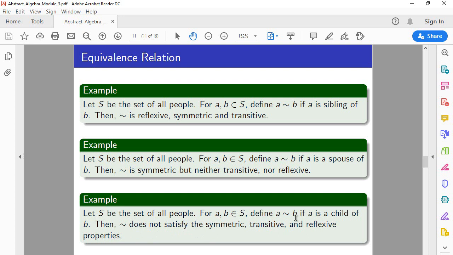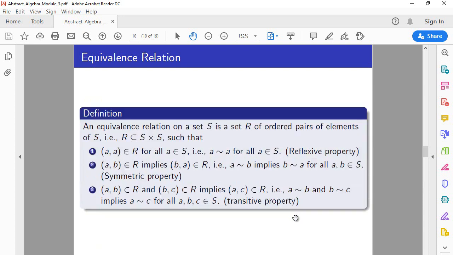A is not a child of A itself, so it's not reflexive, and you can check that it's not transitive either. So I hope this example clarifies the definition of an equivalence relation.